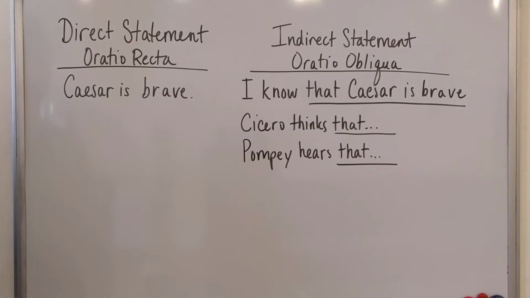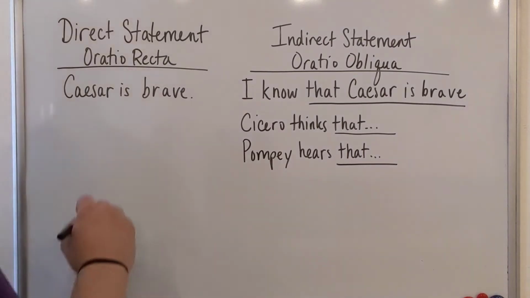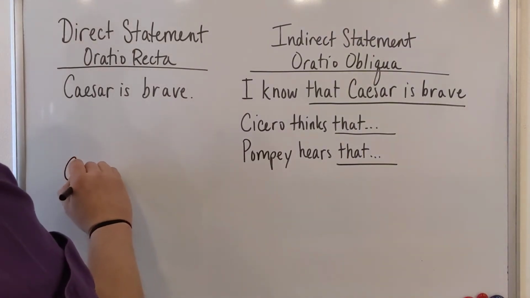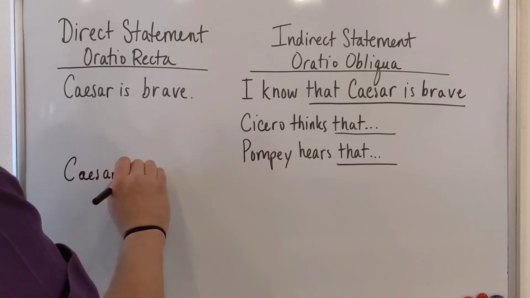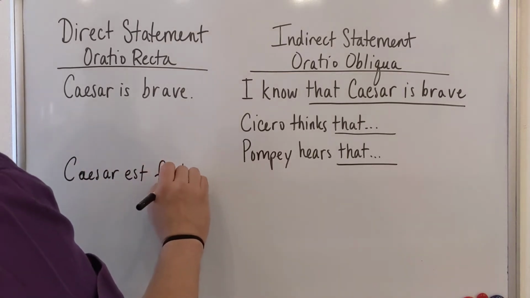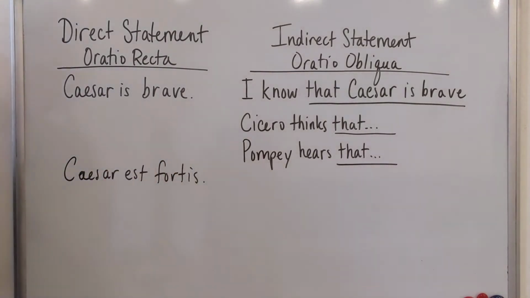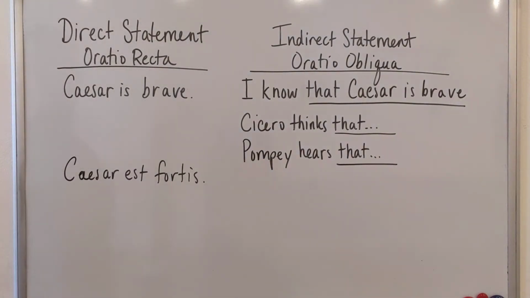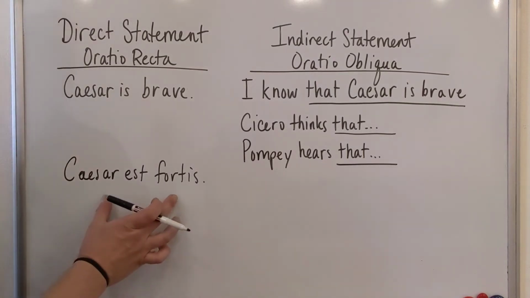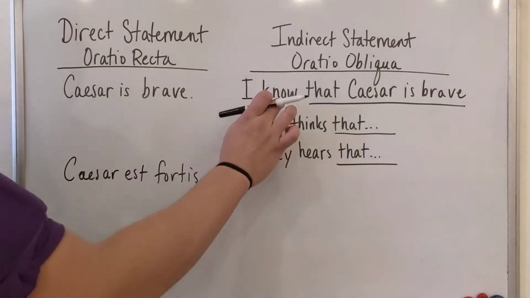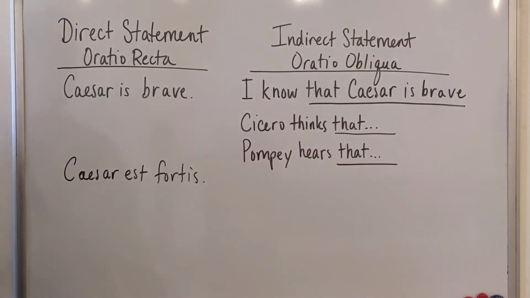Caesar is brave, which very easily in Latin can be rendered Caesar est fortis. But if I wanted to restate this direct statement with another verb, it becomes an indirect statement. So: I know that Caesar is brave.